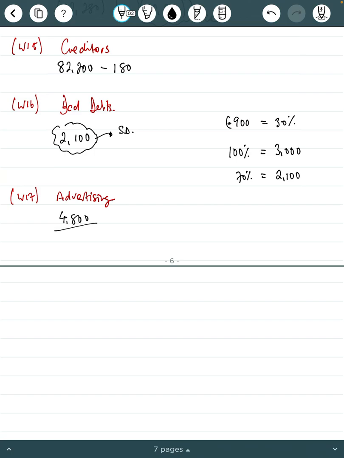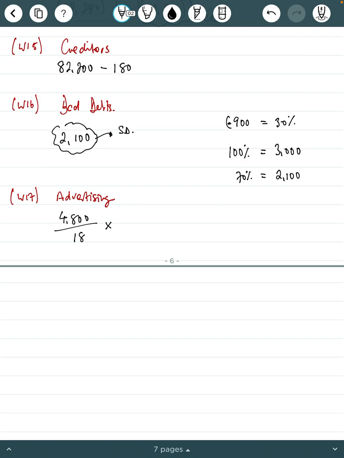But we were told that this is for an 18-month campaign. So 4,800 divided by 18 gives us a decimal, but it will round off to a nice number when you multiply by the amount of months that you had it for this year.